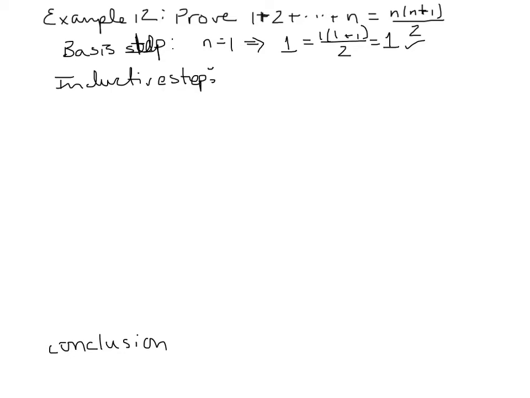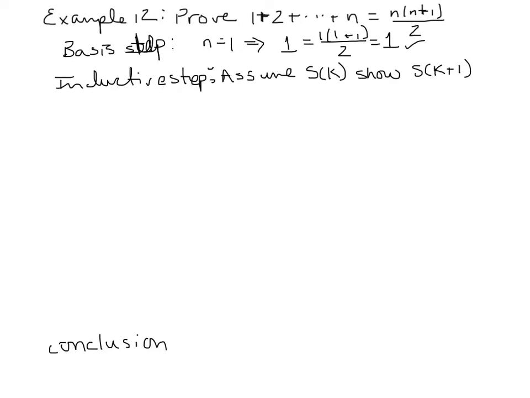Now the inductive step, we are going to assume that this works for the kth step. I'm going to write this as S of k. If we assume that it works when we have k, we want to show in the inductive step that it works for k plus 1.